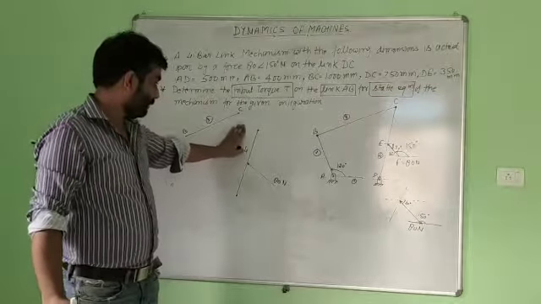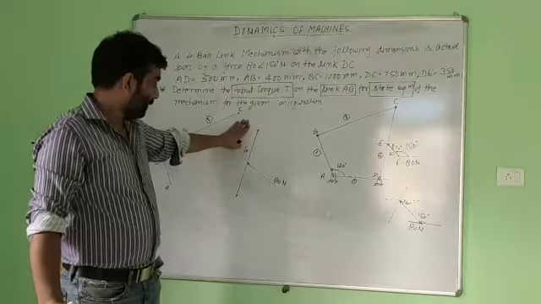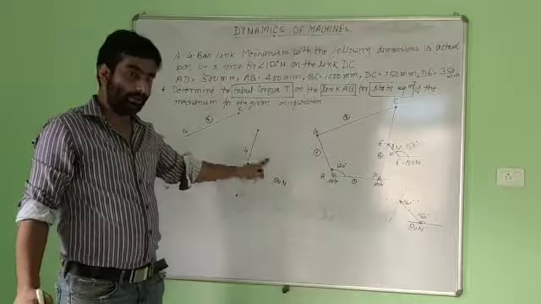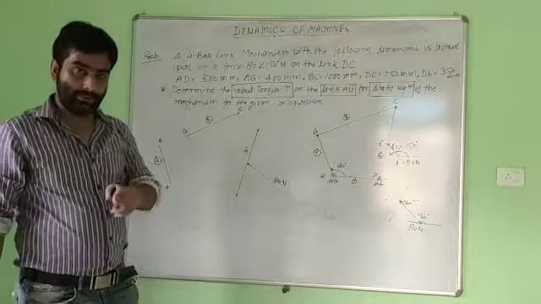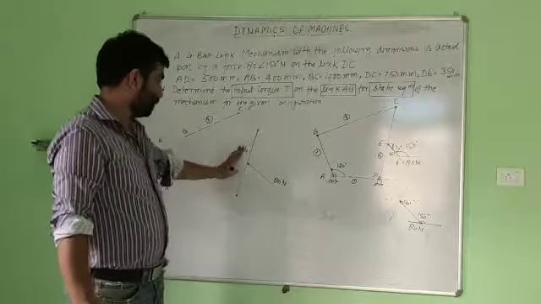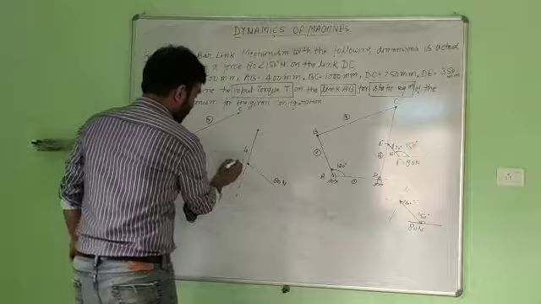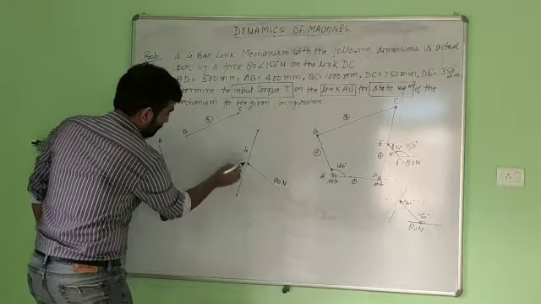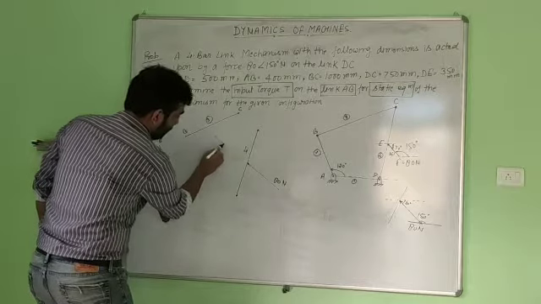Now the member will be in equilibrium by three forces. For a member to be in equilibrium under the action of three forces, all the forces should pass through a single point. Condition 1. So just extend the line of action of 80 Newton.